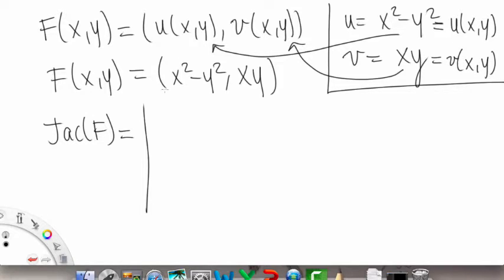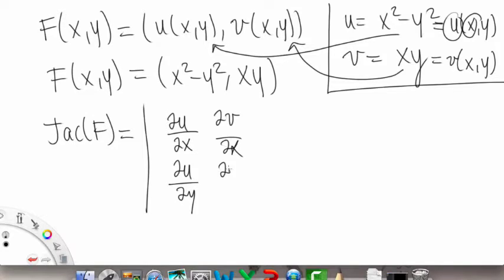So now we're looking at it differently. We're going to take the first one, u, so partial u, partial x, that's our first variable that it depends on, and then we're going to write partial u, partial y. And then same thing here, but now with the v function. So partial v, partial x, partial v, partial y.